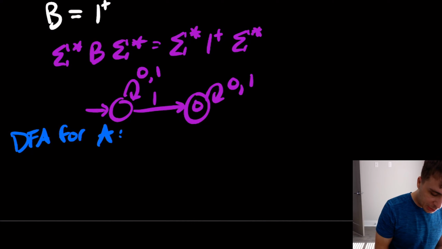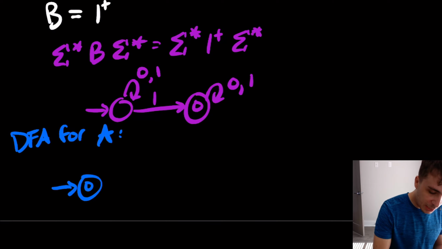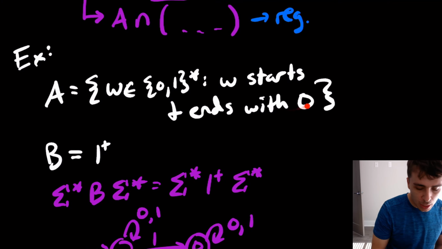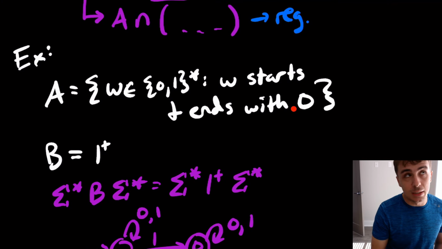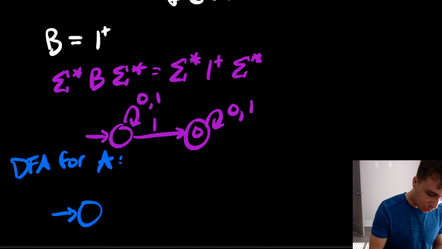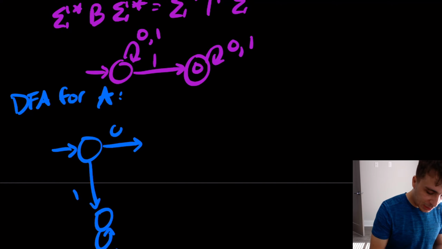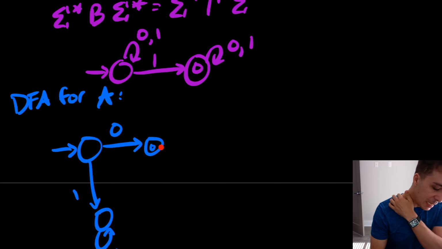So it starts and ends with a 0. I'm assuming that means it doesn't have the empty string in there, so I'm not going to accept the empty string. If it starts with a 1, then we should go to a dead state here. If it starts with a 0, then we go to a state right here, which should be final, because a string with just one occurrence of 0 should be accepted.